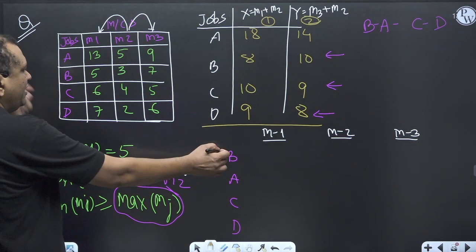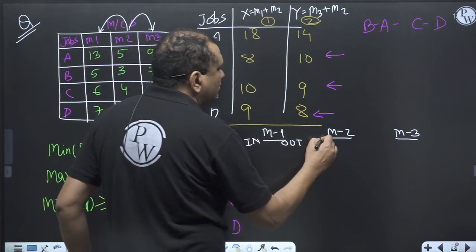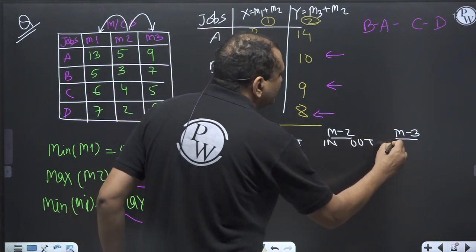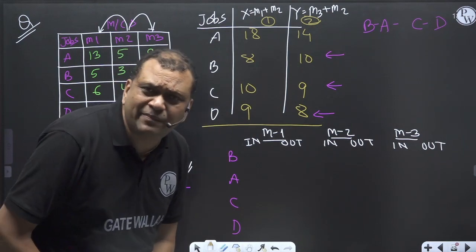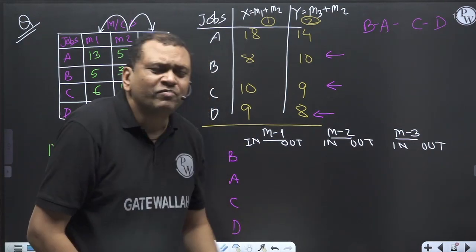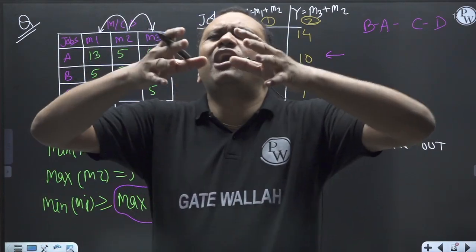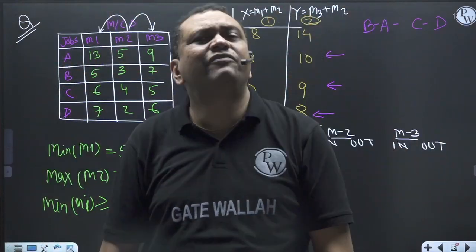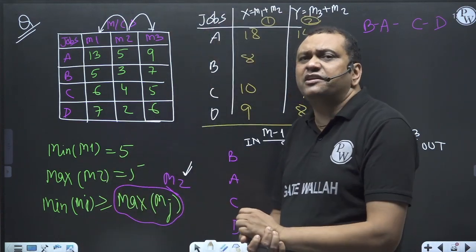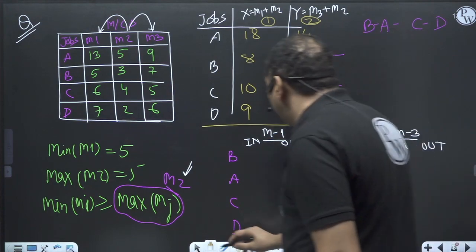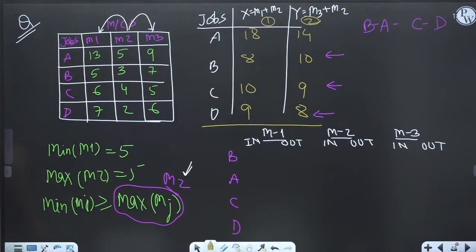First of all, B will enter in time, out, in, out, in, exactly the same way we have done in the previous problem. Now there is no change. This question was the only variety to show you how multiple machine problems can be converted into 2 machine problems. So now, first of all, B enters into the system.